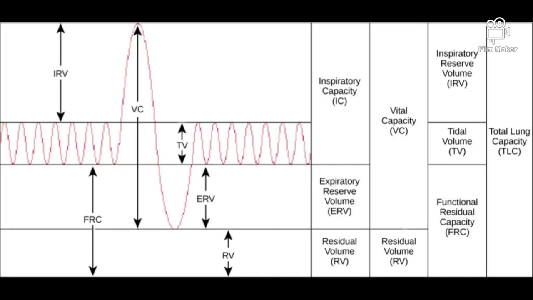The next capacity is called the MVV. It is also called maximum breathing capacity. It is the volume of air that can be breathed out by giving maximum effort in voluntary hyperventilation in 1 minute.